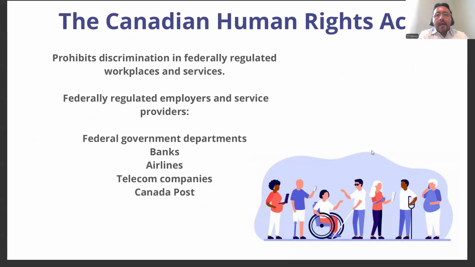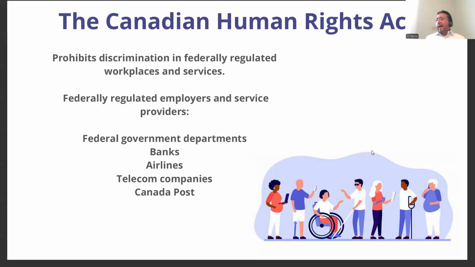If I am taking a service from a bank or from an airline or from Canada Post, and I believe that my human rights have been violated, it would be subject to federal jurisdiction. That means federally regulated employers and service providers.